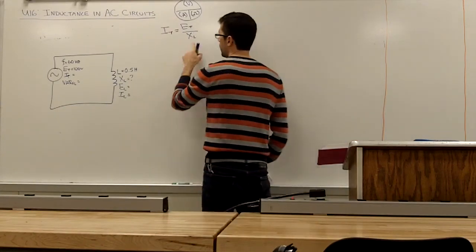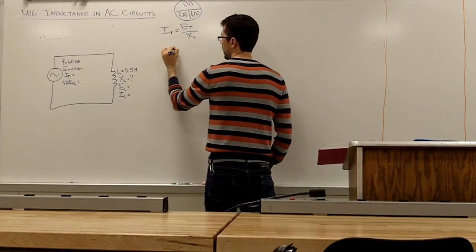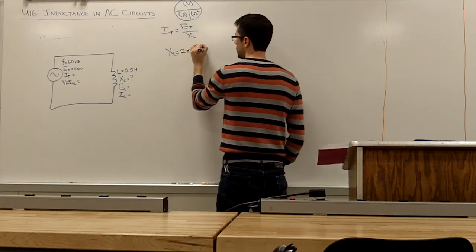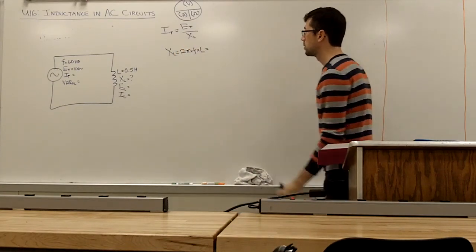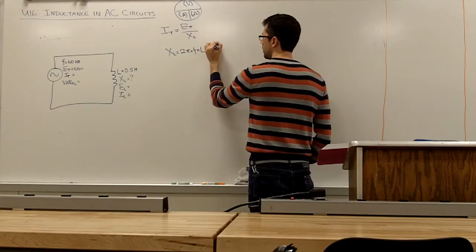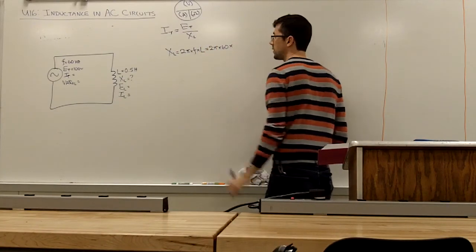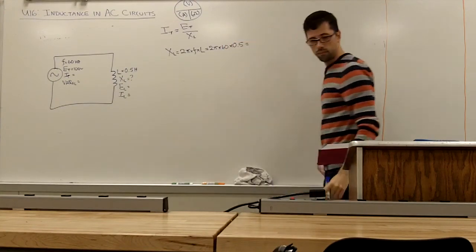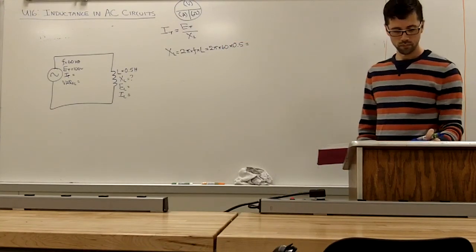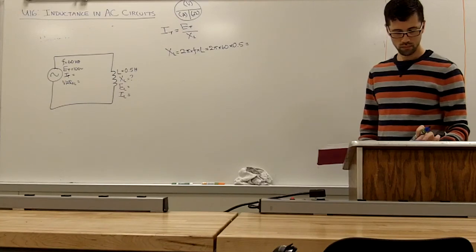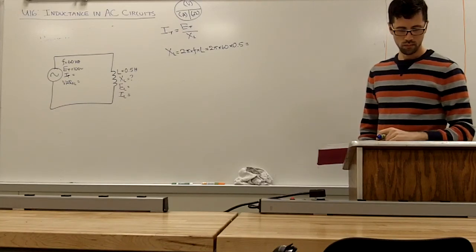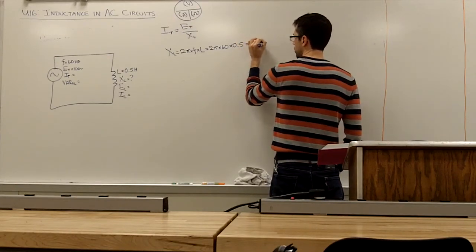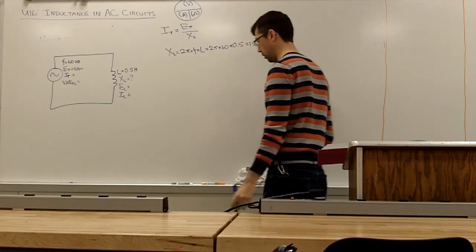So next, let's find XL. XL is 2 pi times your frequency times your inductance. So this is 2 pi times 60 hertz times an inductance of 0.5 henries. And that gives us an inductive reactance of 188.5 ohms.